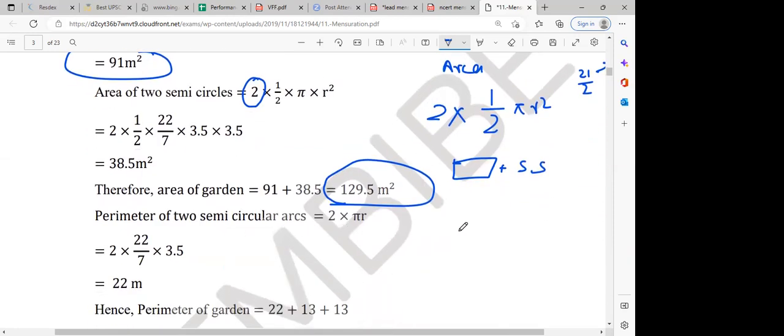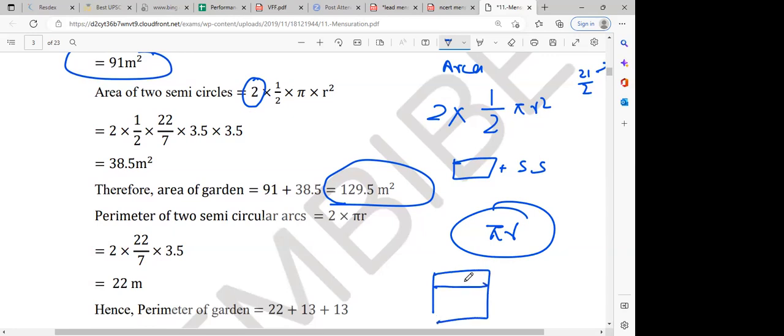Now coming to perimeter. First of all, you should know the perimeter of a semicircle, so it is pi r. In your notebook, in the margin, you will first write the formulas for the semicircle, area of semicircle and perimeter of semicircle. Because you have two semicircles, it will be 2 pi r.